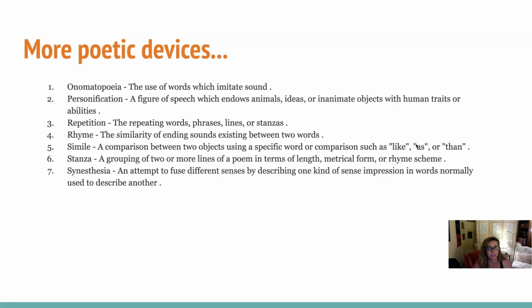Personification, a figure of speech. Repetition, rhyme, simile, stanza. So these are all the poetic devices that you would talk about when you are writing about a poem. You would refer to these particular entities. And your book talks a lot about this in the chapter too. So as you're reading the chapter on poetry, take a look at that.